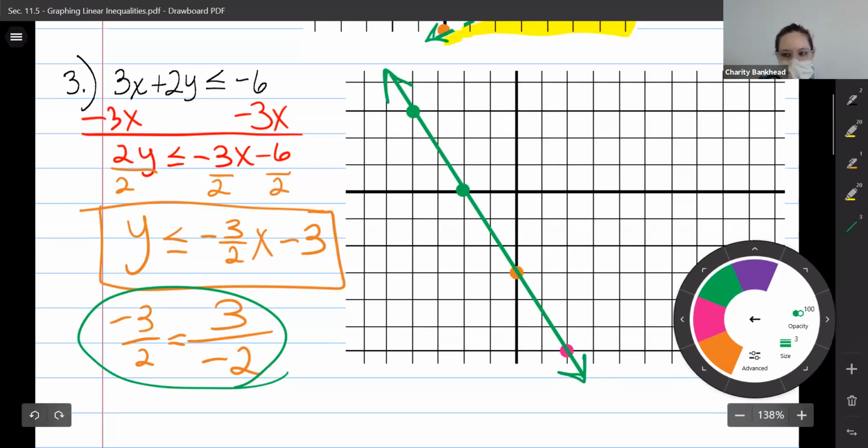And then because of the fact that it's less than, we're going to shade below.